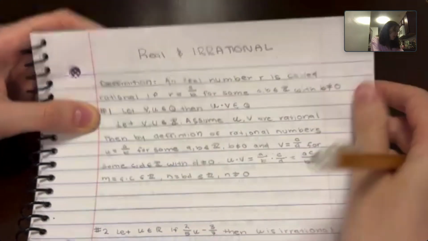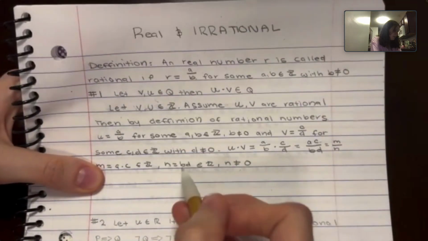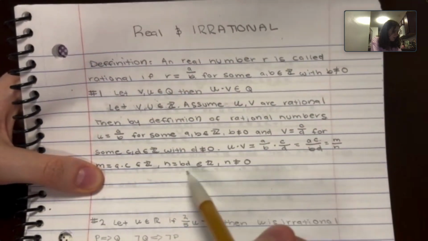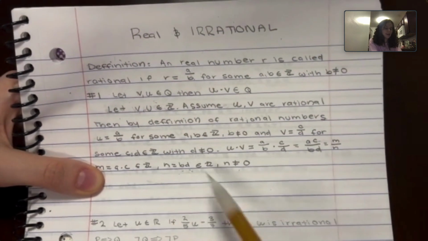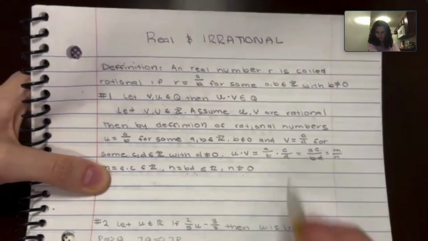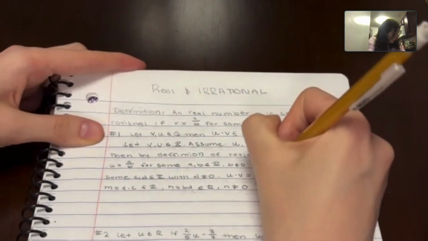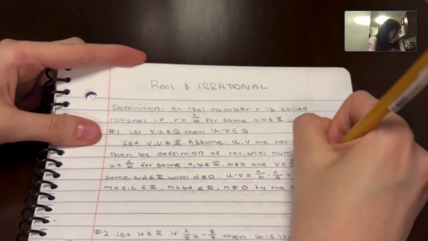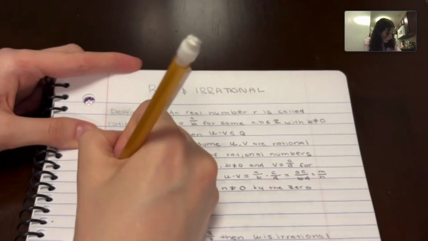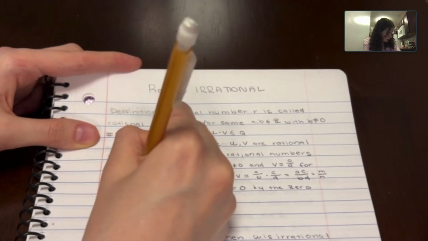Now we can double check this. b we've already defined as not equaling 0. d is not equaling 0, so there's no way them multiplied by each other is going to be 0. And that is by the zero product property.